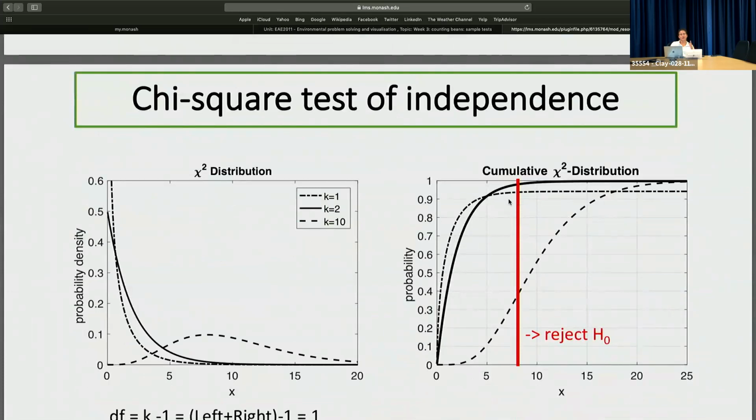We know what the rejection area is. So this is the area where I reject the null hypothesis. This is the area where I don't. These are those chi's. And if my chi is underneath this critical value, I can't reject it. And I can work all this out because I know the parameters of this distribution.